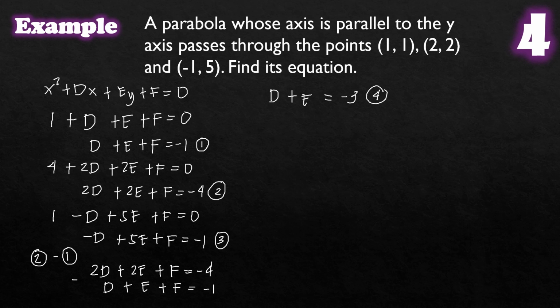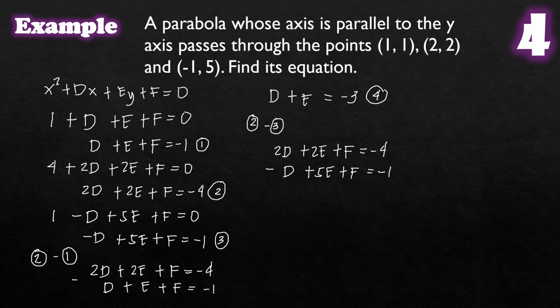Next, let us have equation 2 minus equation 3. So we will have 2d plus 2e plus f equals negative 4. And then we have negative d plus 5e plus f equals negative 1.